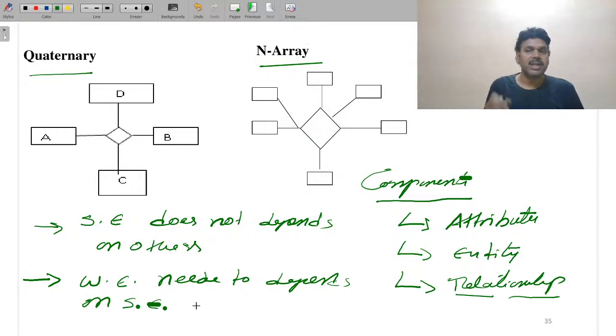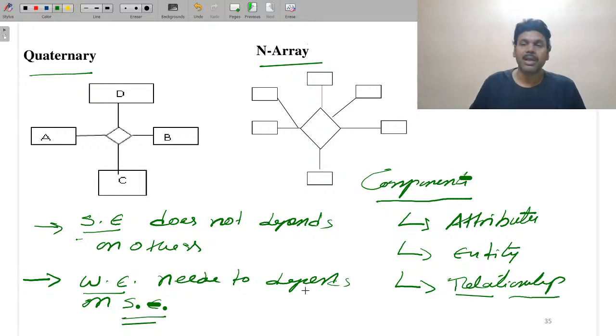Therefore, every weak entity must require the support of a strong entity, but a strong entity doesn't require the support of any other entity, because strong can be represented alone, but weak cannot be represented alone. It requires the support of a strong entity in order to maintain uniqueness in the data.